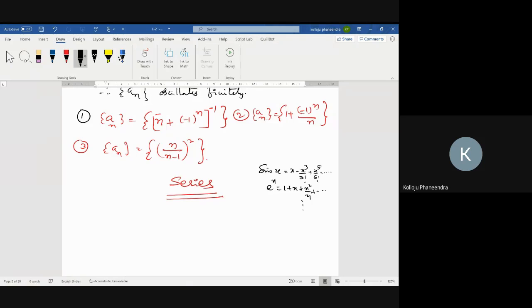See, what is the observation here? This is a trigonometric function, an exponential function. I can consider log also: log 1 plus x, log 1 minus x, cosine x expansion, tan x expansion, tan inverse x expansion, sine inverse x expansion. All these are in terms of x. What are these? Polynomials, right?